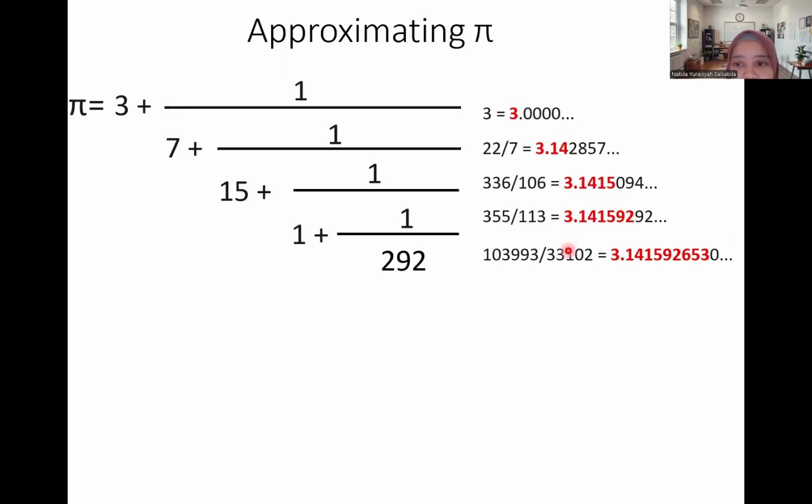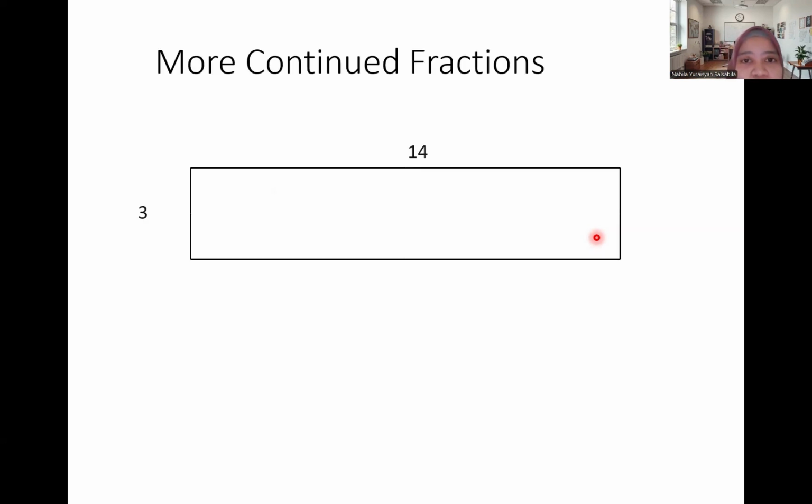So lastly, we got the nearest approximation of pi. Ya, maksudnya adalah kalau kita lanjutkan fractionnya, makin lama makin kita bisa mendapatkan angka pi yang lebih mendekati angka aslinya gitu.